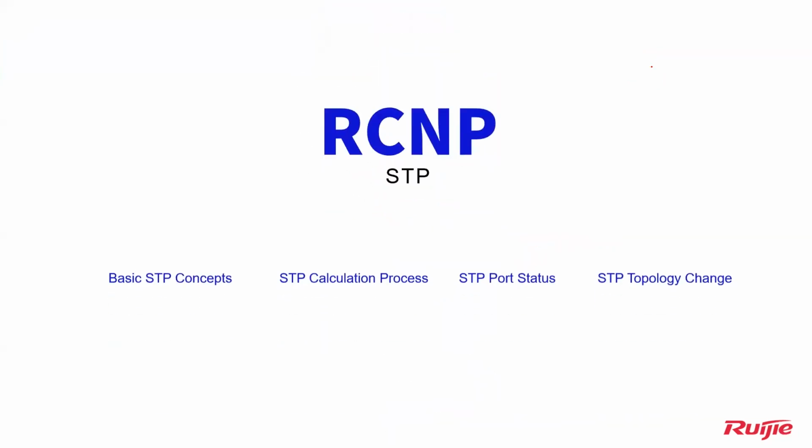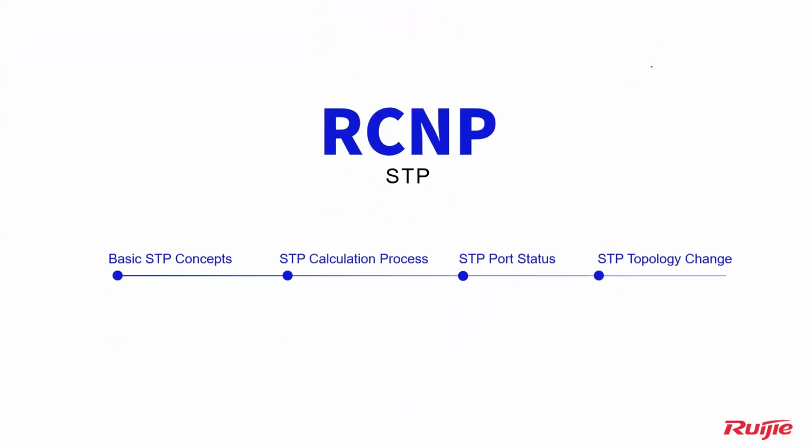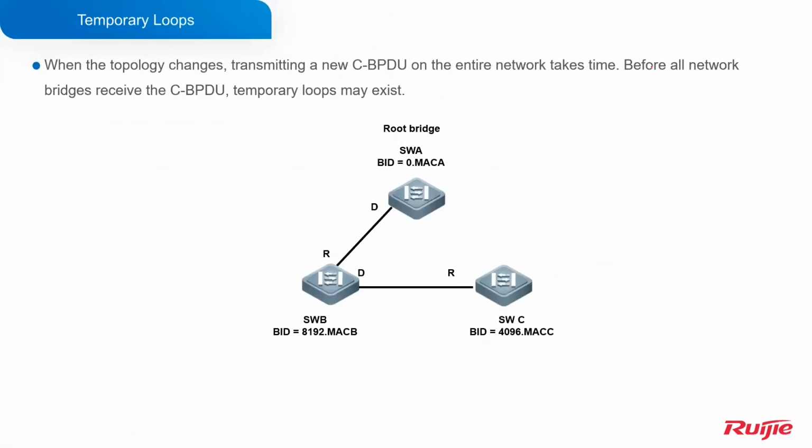After introducing the calculation process of STP, next let's see the port status. When the topology changes, transmitting a new BPDU on the entire network takes time. Before all network bridges receive the BPDU, temporary loops may exist. So to prevent the problems caused by temporary loops, we have developed a concept called the state. For example, now we add a new link.